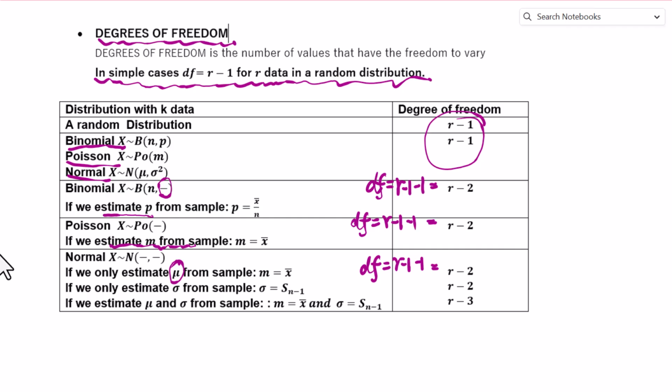If you only estimated the standard deviation sigma from the sample, your degrees of freedom equals R minus 1 minus 1, which equals R minus 2. But if you estimated both from the sample, then your degrees of freedom equals R minus 1 minus 2, which equals R minus 3.